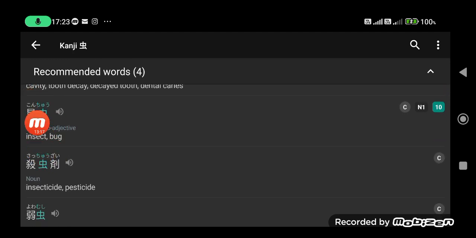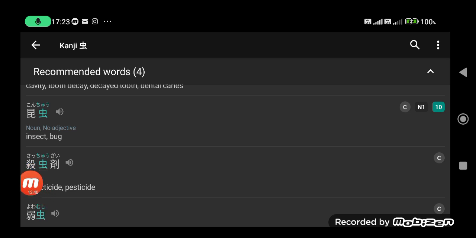How about this? Another pattern, from the pattern blah blah blah chu. Konchu means insect, bug. Okay, how about this? Satchuzai. The third kanji here means a chemical, either in solid form or liquid form.